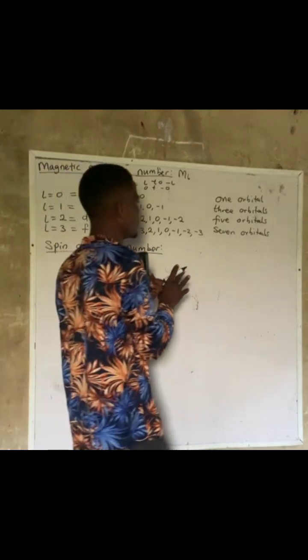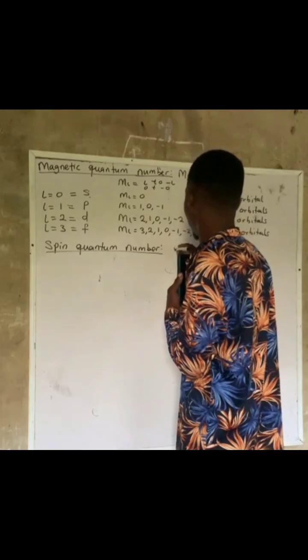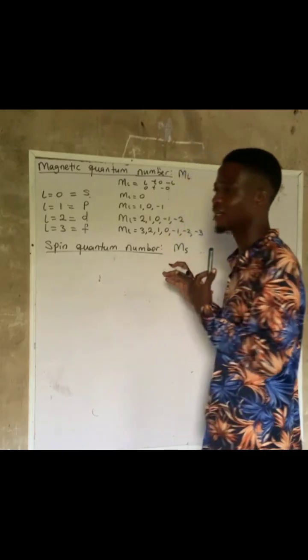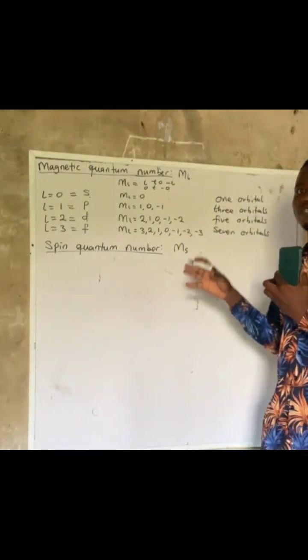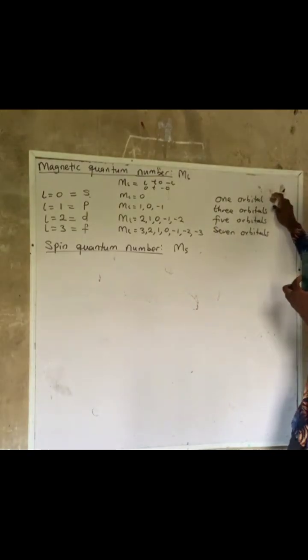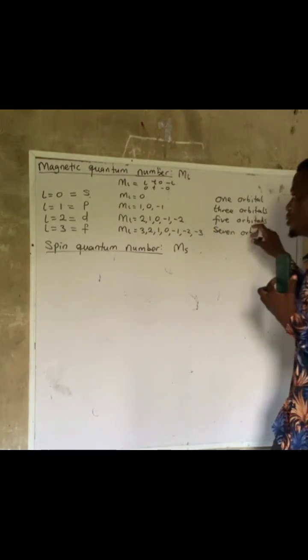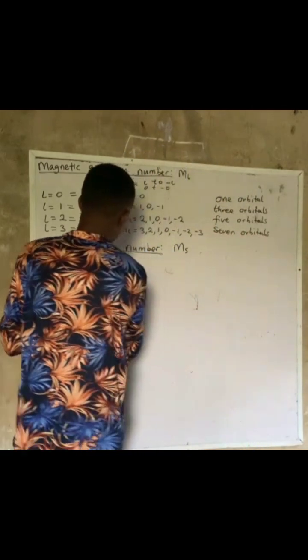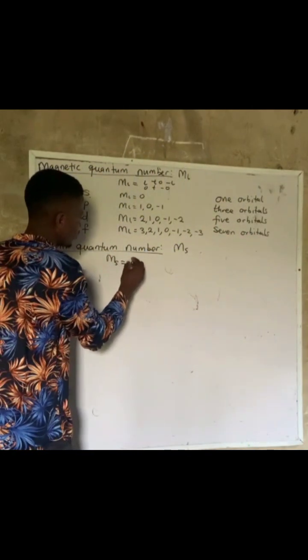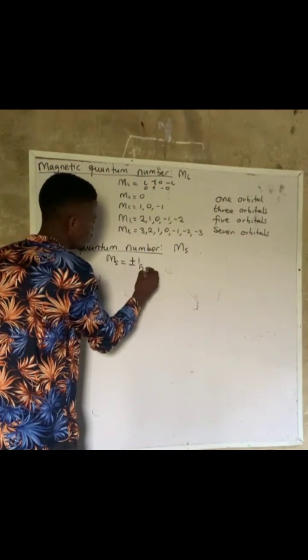The spin quantum number, denoted by m_s, describes the direction of the spin of the electron in these orbitals. It is given by m_s equals plus or minus 1/2.